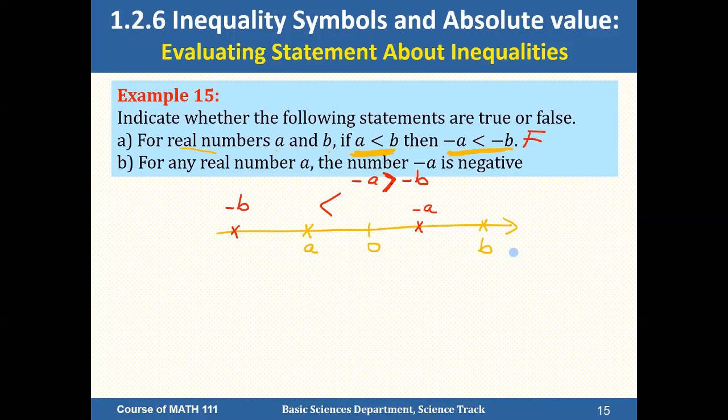This is an important remark. We'll use it later. Okay? B. For any real number A, minus A is negative. Is it true or false? False. Because if A is negative, then it will be positive.